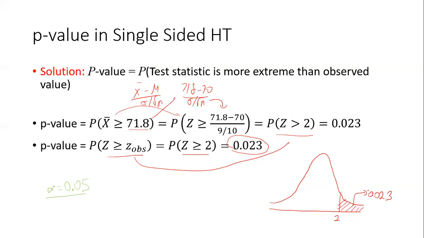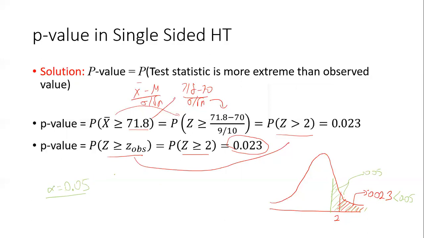Alpha 0.05 means that you take your critical region so that to the right of it there is an area of 0.05. Since this p-value is 0.023, which is smaller than 0.05, the critical region is just here. So this is my critical region, 0.05.